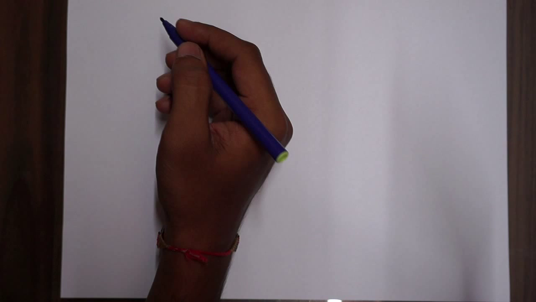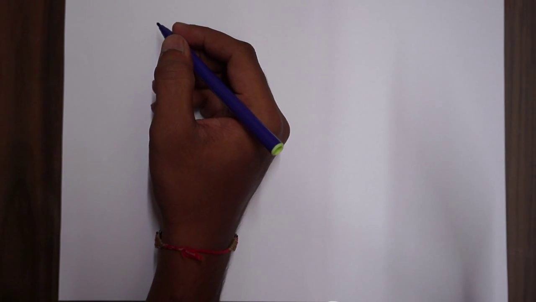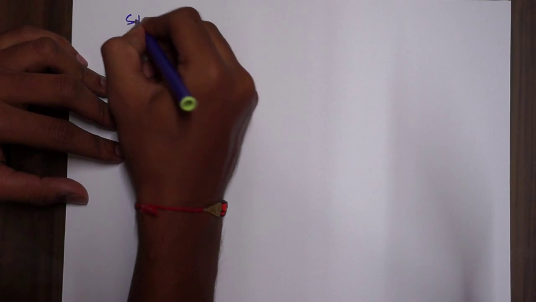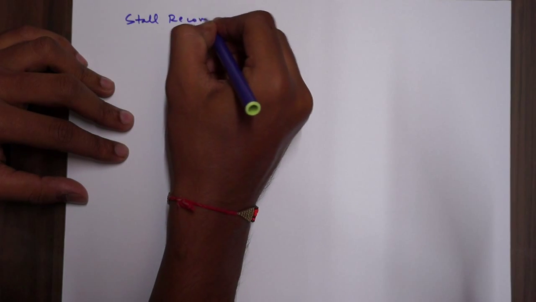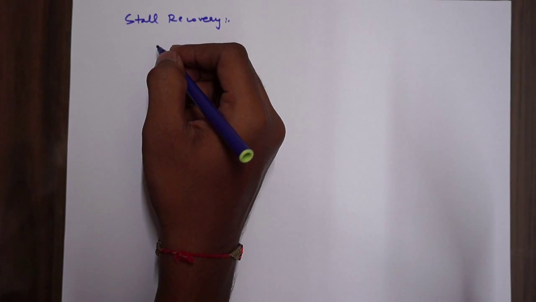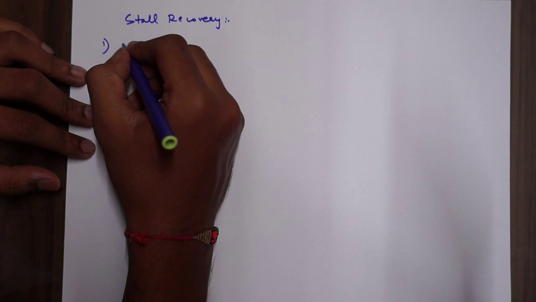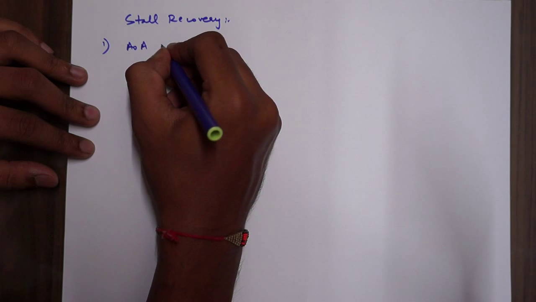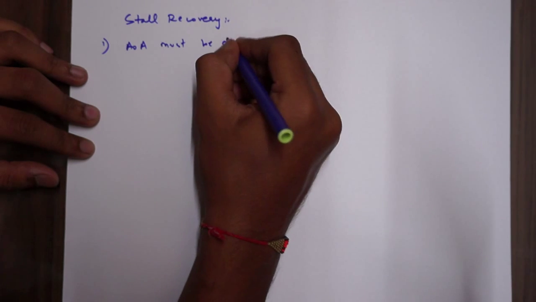Alright, so now we'll discuss stall recovery. Actually speaking, different aircraft have different stall recovery procedures, but generally the steps that are followed are: first, angle of attack must be decreased.